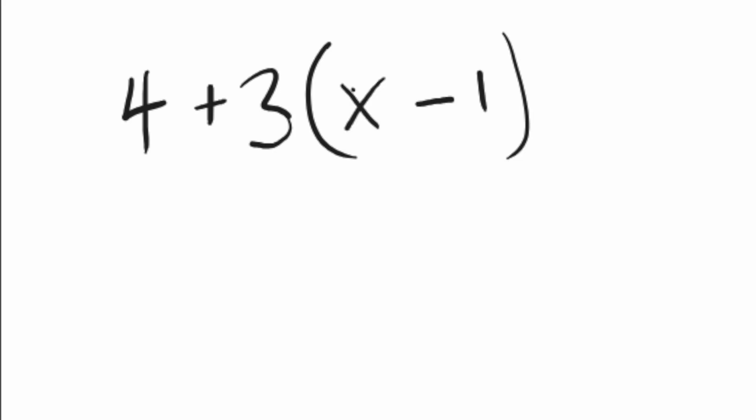So algebraic expression, and then at times or in some books you may also see them called variable expression. It's a combination of terms by mathematical operations. And then we're going to look at what all these mean.